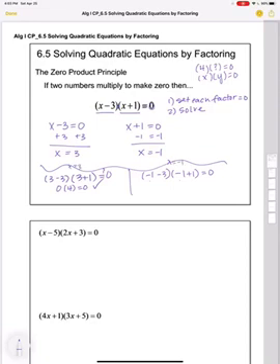Sometimes people think you use 3 for one of the x's and -1 for the other, but it has to be the same number because x is the same letter, so it has to be the same value. This would be -4 times 0. Does that equal 0? Yes, -4 times 0 does equal 0.